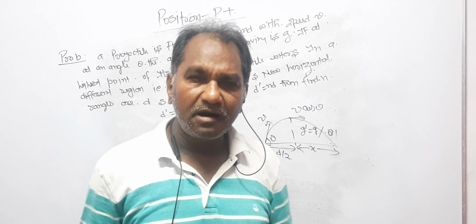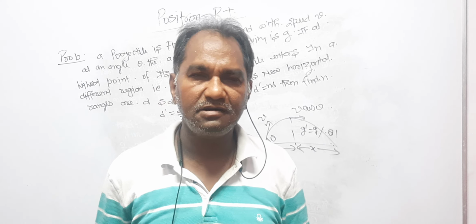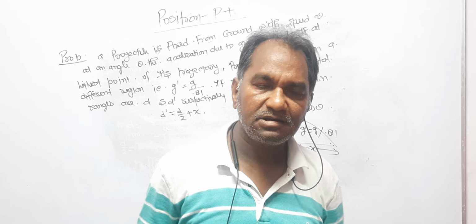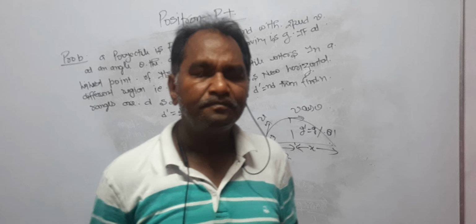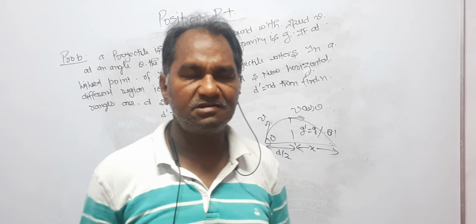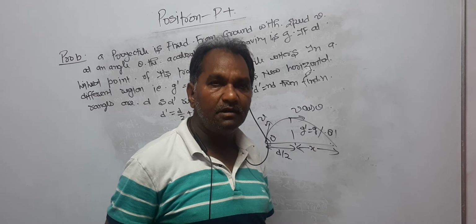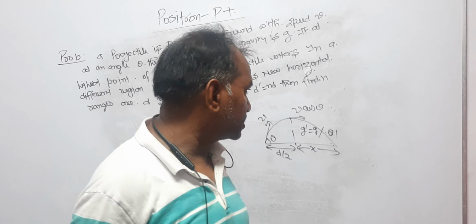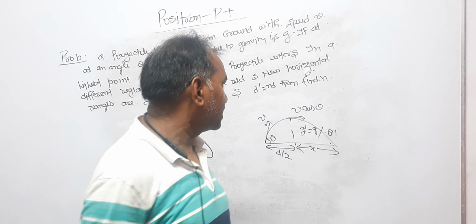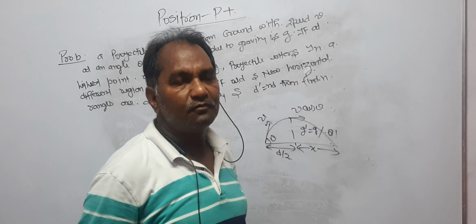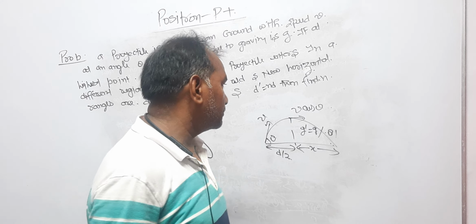The vertical acceleration impacts only the vertical velocity, whereas horizontal acceleration impacts the horizontal velocity. In projectile motion there is no horizontal acceleration, so the horizontal velocity is constant throughout the trajectory, whereas the vertical velocity changes, and at the highest point it becomes 0 and then the body begins to come down.